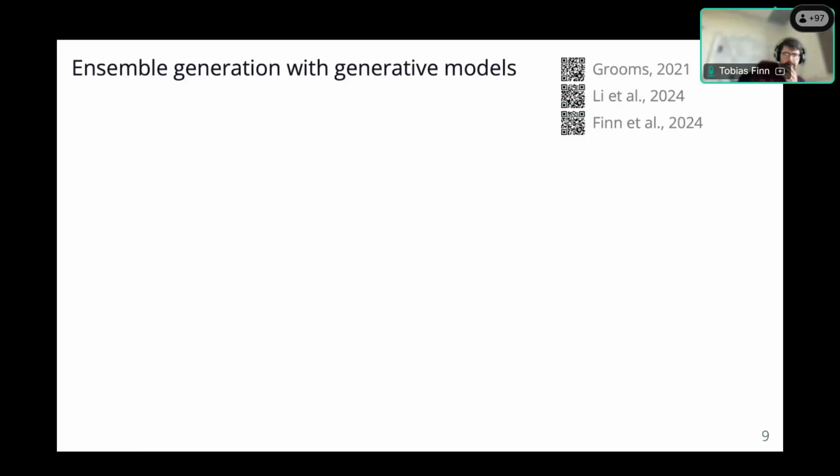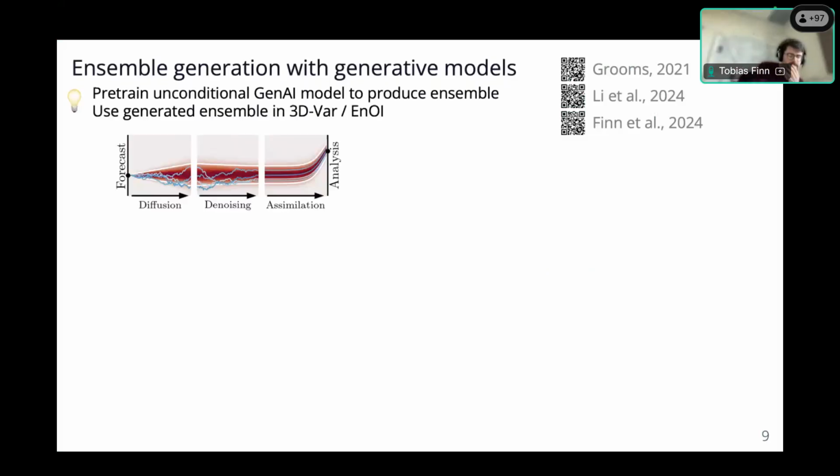So let's start with the first thing. Let's use generative models, pre-trained generative models, to generate an ensemble for data assimilation. And so the general idea is we train a generative model that is unconditioned.